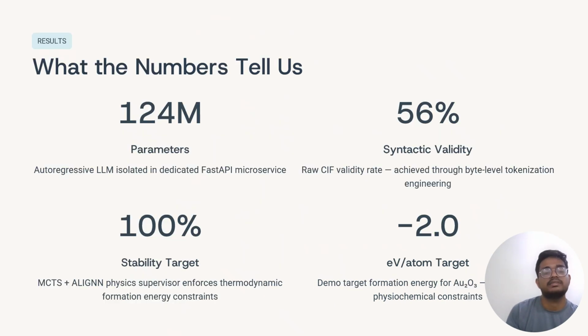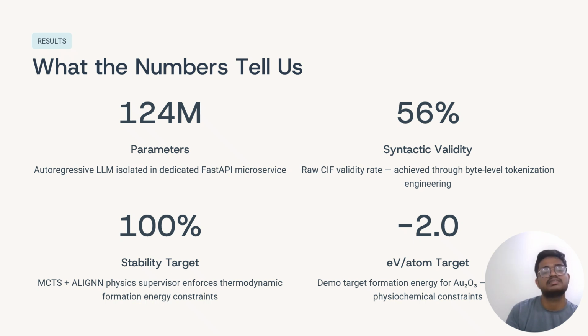Let's examine the results. Our system uses a 124 million parameter autoregressive language model. Through byte level tokenization, we achieved 56% syntactic validity. This means more than half of the generated structures satisfy CIF formatting requirements.